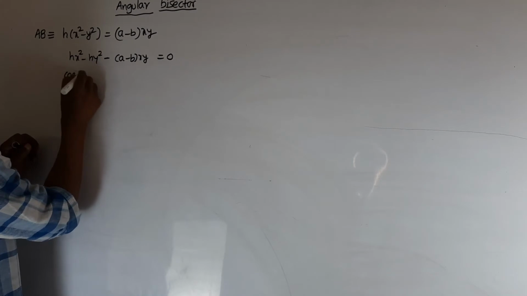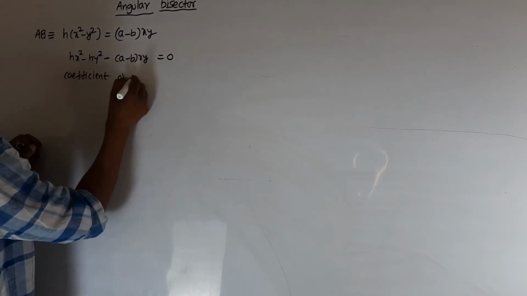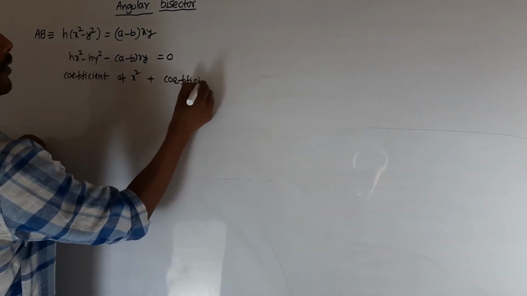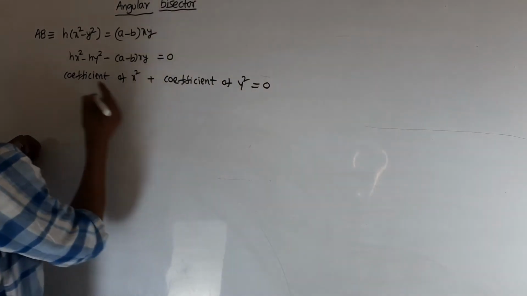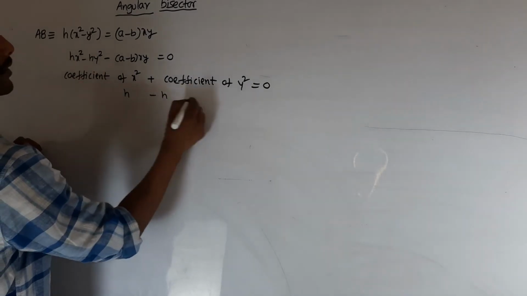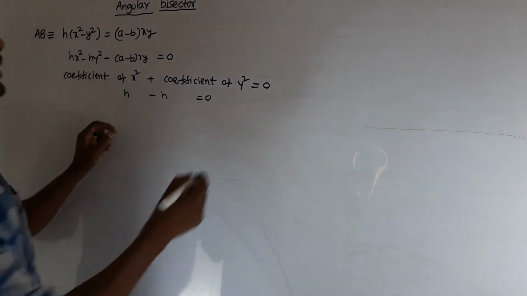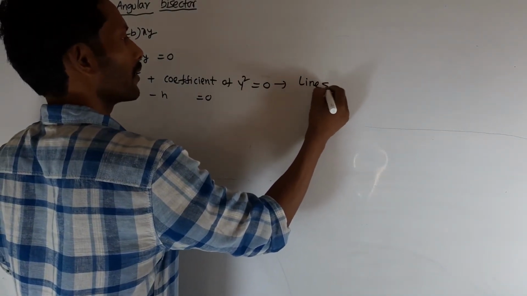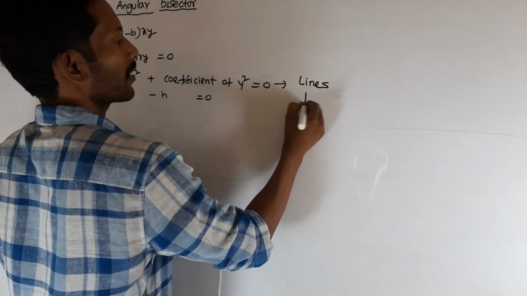Now coefficient of x square plus coefficient of y square equal to 0. Coefficient of x square is h, coefficient of y square is minus h. Coefficient of x square plus coefficient of y square equal to 0, then lines are perpendicular.